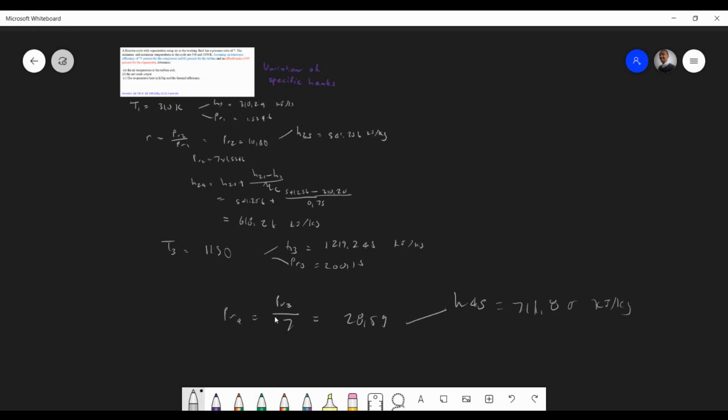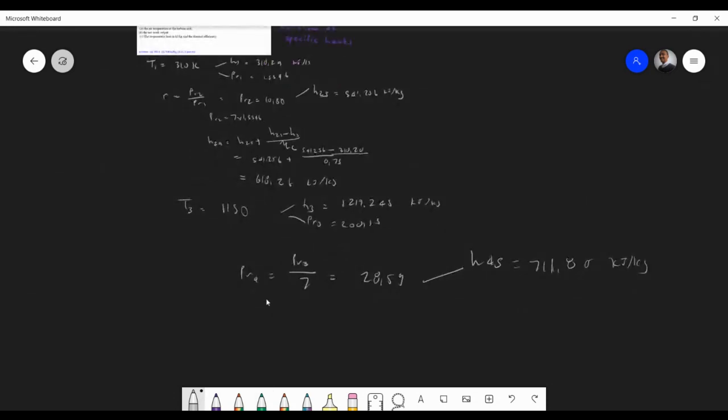And then to find your H4 actual, that's H3 minus the isentropic efficiency across your turbine times H3 minus H4S. So that's 1219.45 minus 0.82 times (H3 minus H4S).